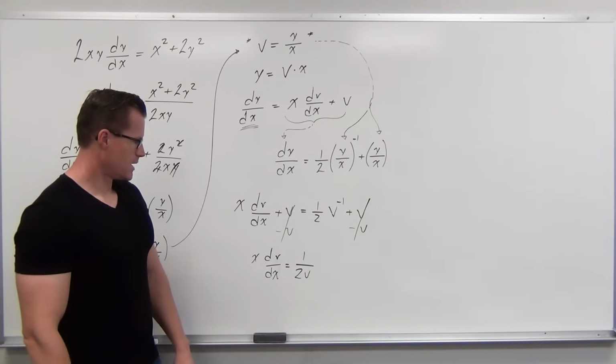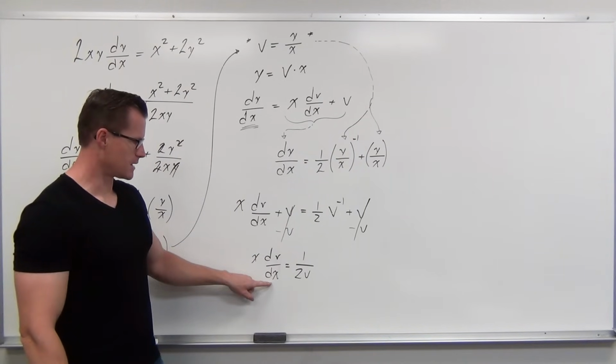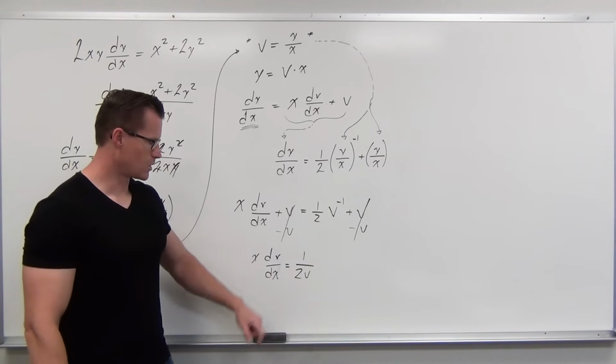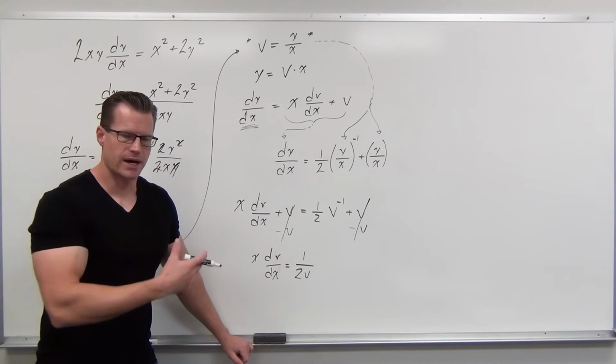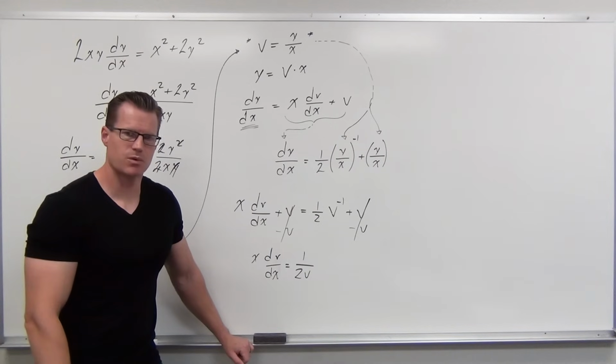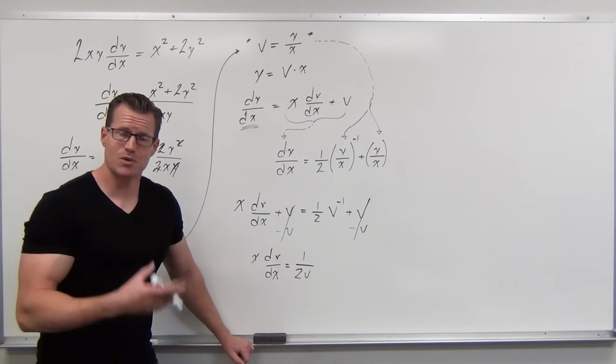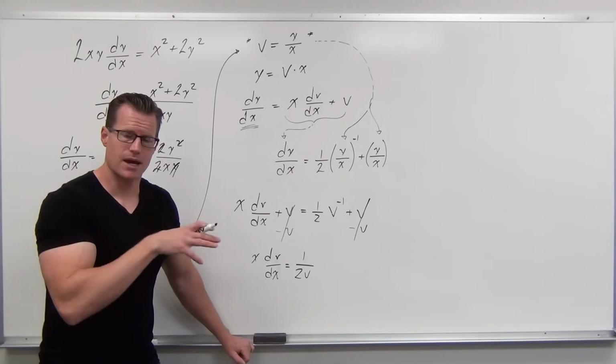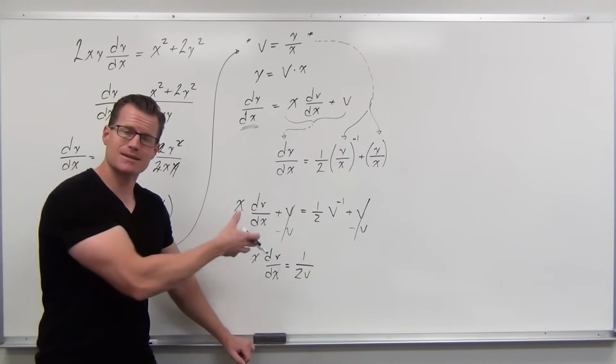You go, oh, wait a minute. Hey, that's dv, that's dx. There's an x, there's a 1 over 2v. If I divided by x, I'd have a separable equation. So, can you group your v dv on one side, your x dx on the other side? Yeah, that's a separable equation.